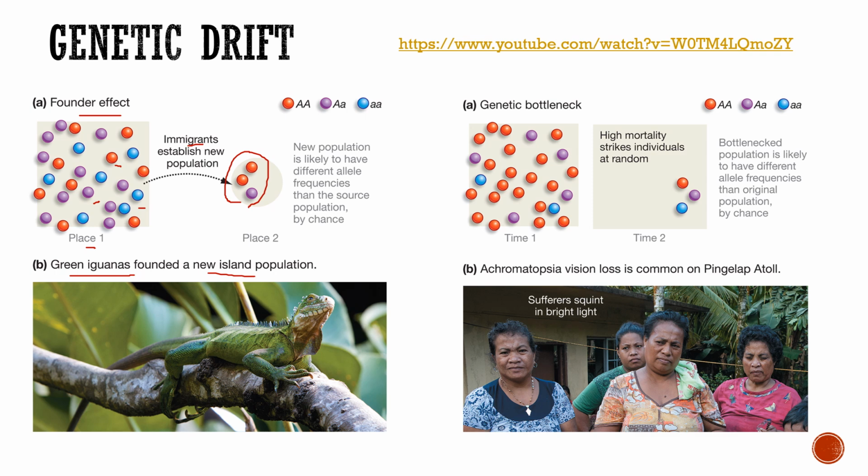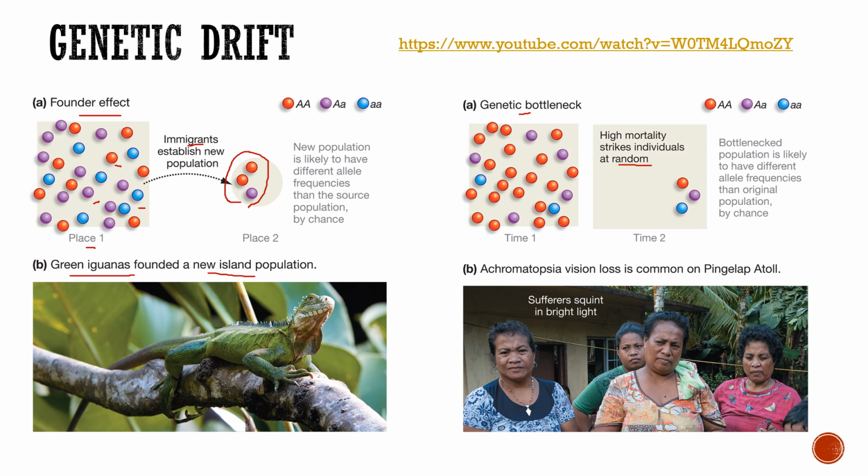All right, now a genetic bottleneck is a little bit different. In this case, there's some type of random event that alters the population. We're not migrating or moving to a new location with a limited number of alleles.